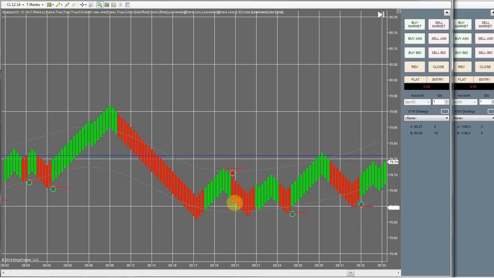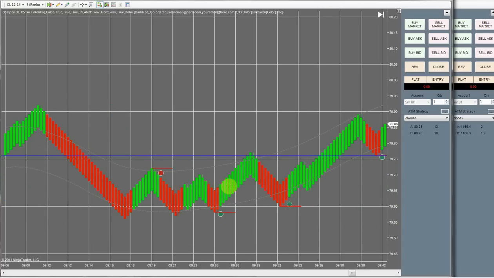We don't have enough room to take our 10 ticks in profit for the first one. Right here, this is close to the center, but it's a bit too far up. I wouldn't have taken this trade. 67 up to 77, so you just barely would have taken your profit here. Like I said, it's one of the reasons why I try not to take these trades that get a bit too far beyond the center point.